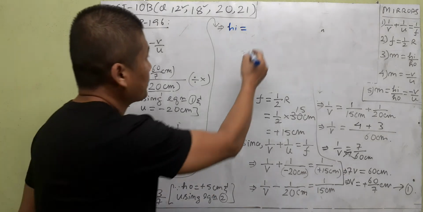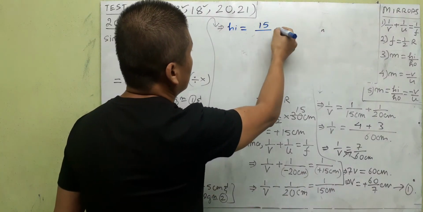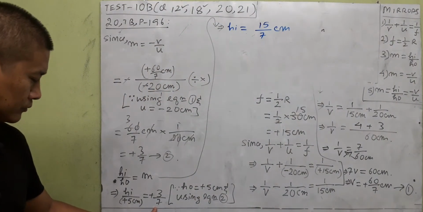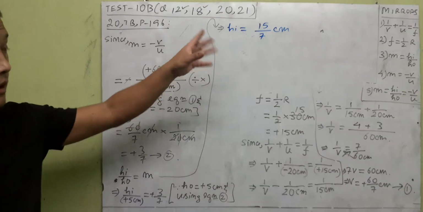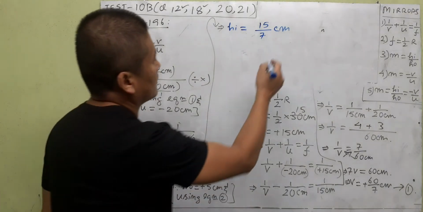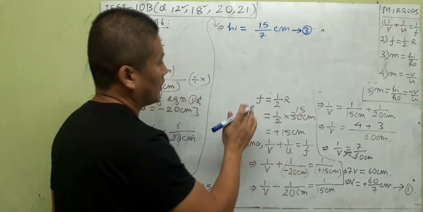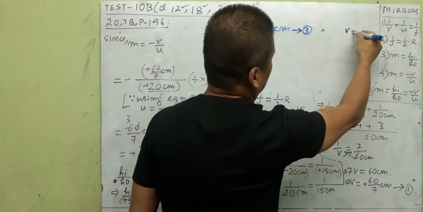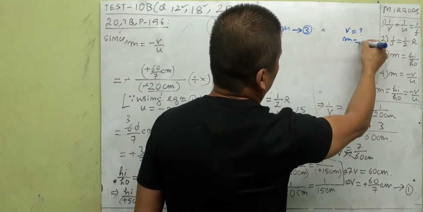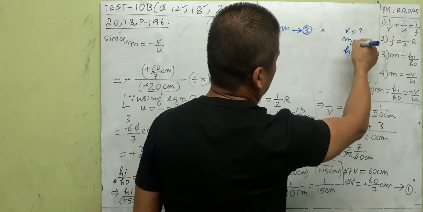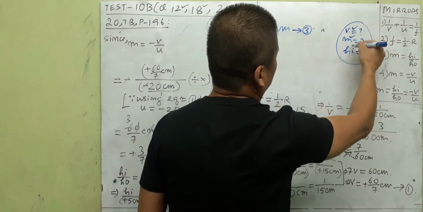So 5 3s are 15 centimeter. Divided by 7 is down there, so just keep it. Now here plus into plus is plus, so that is fine. So let us keep this one as equation number 3. So we found all the values. They asked for V, we found out. M, we found out. HI, position, nature and size, they told, we found out all of them.